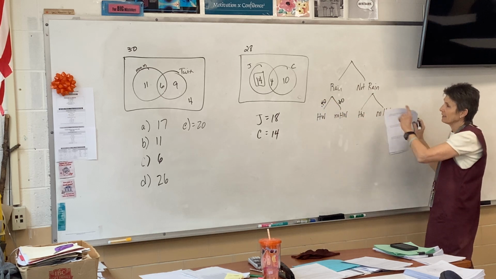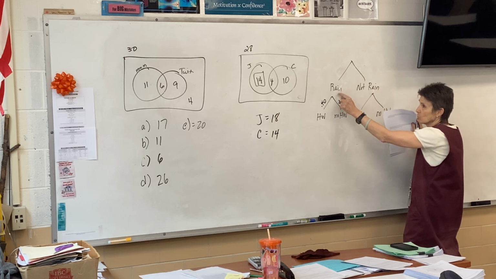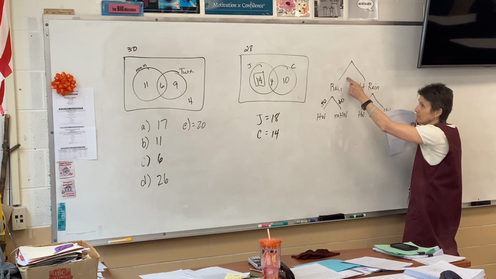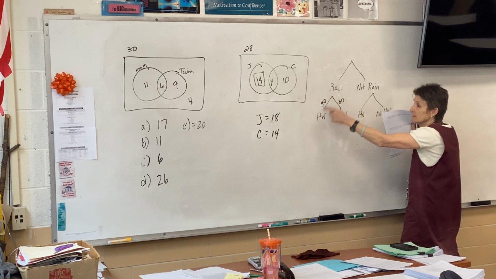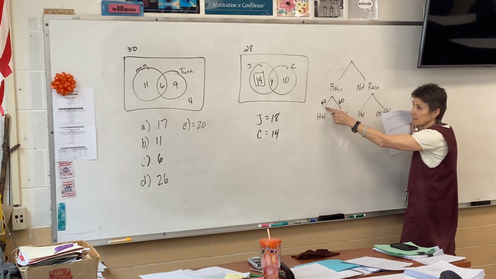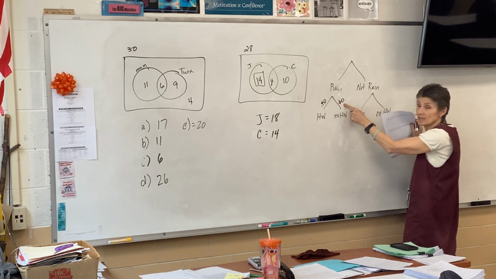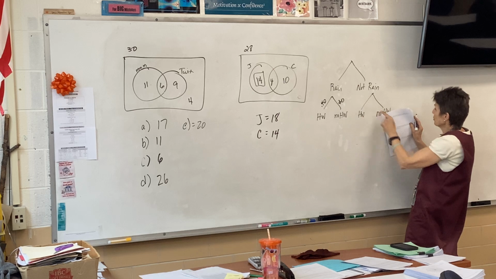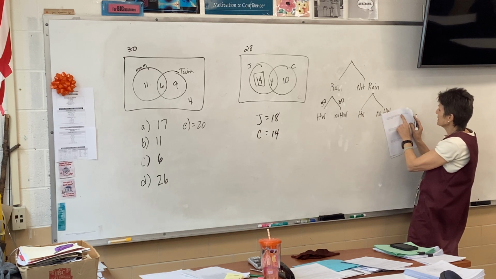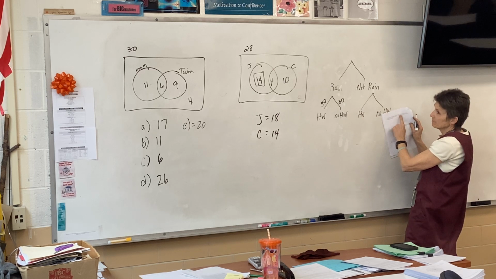All right, so let me back up. If it rains, so we're on this branch, I don't know what that probability is, but if it rains, he's going to do homework 40%. If it rains, then there's a 60% chance he won't do his homework. So if it rains, the probability he'll do his homework is 40.